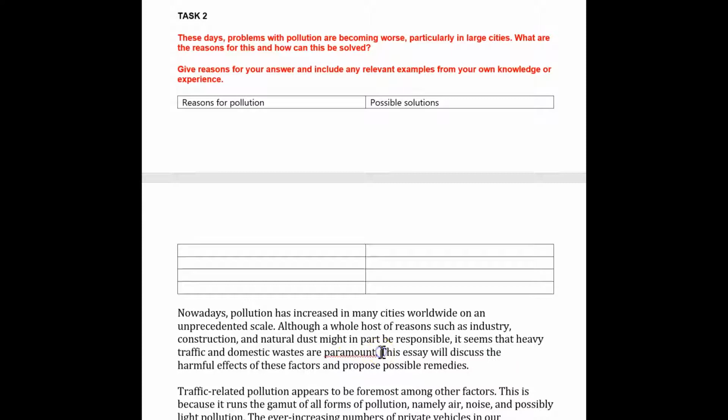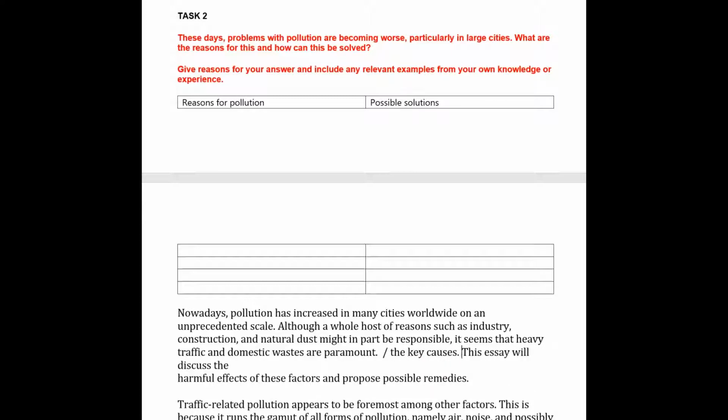Okay, paramount, but paramount's not quite the right word, even though it's lovely. Are the key causes. Yeah, or I want to say have made things worse. I can't think of the right word. Have deteriorated the situation or something. But go key causes here.